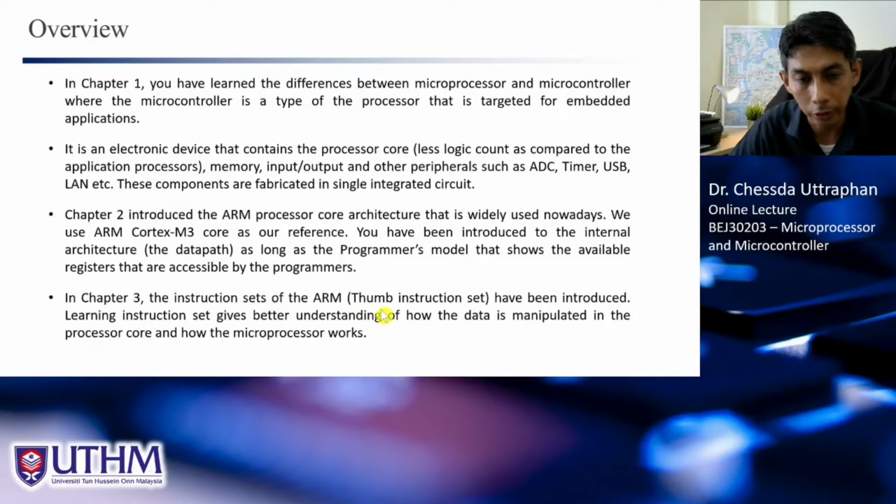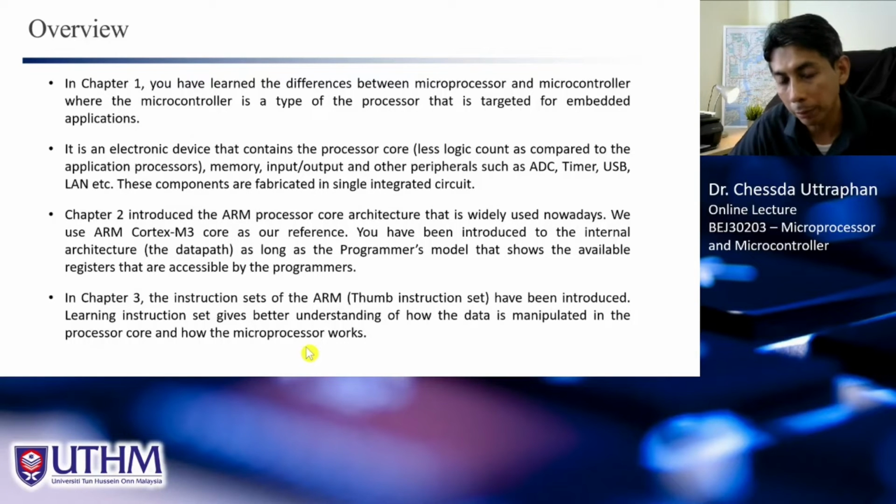Where we use what is called the Thumb instruction set, which is the new variant of the ARM instruction set, actually, the modern ARM instruction set, right? And we have learned how the microprocessor executes the instruction, right? And that helps you to understand how the microprocessor works.